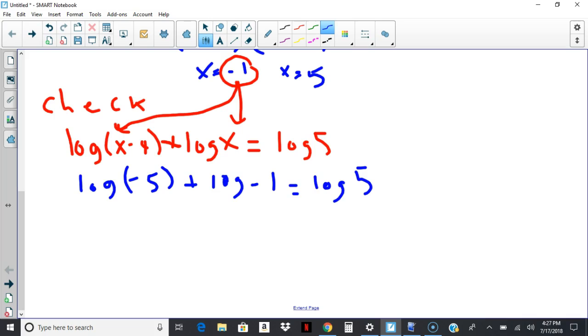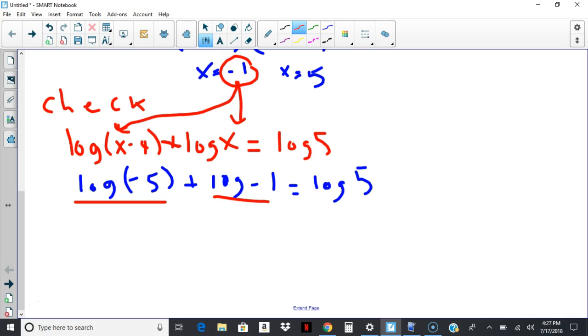Okay, so a couple big issues. We cannot take the log of a negative, and if I have -1 as my answer, I'm forced to do the log of negative numbers in my original expression. Not going to work. So I want to check now with my second answer.